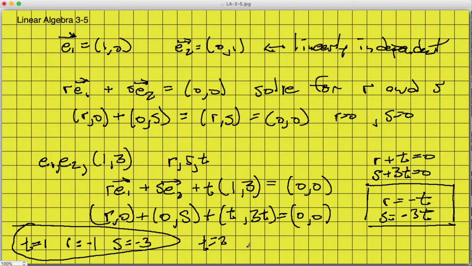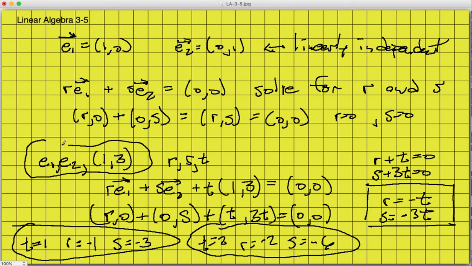Then r is equal to minus 2 and s is equal to minus 6. That's another solution. So what this means is that these three vectors are not linearly independent. We know that e1 and e2 are, but when I add this third vector, it is not linearly independent. There's a linear dependency that exists between them.